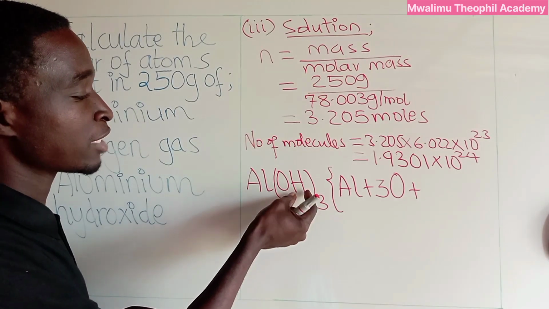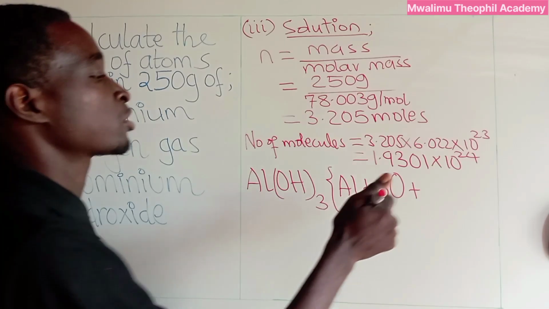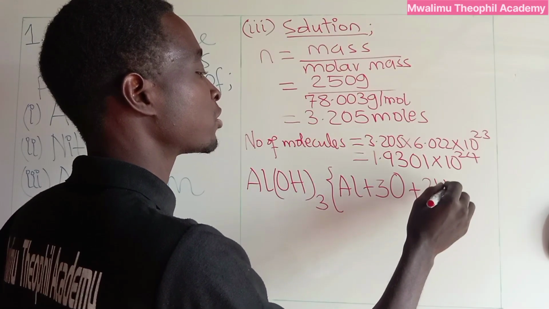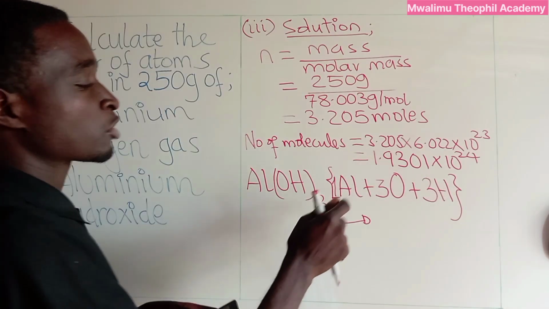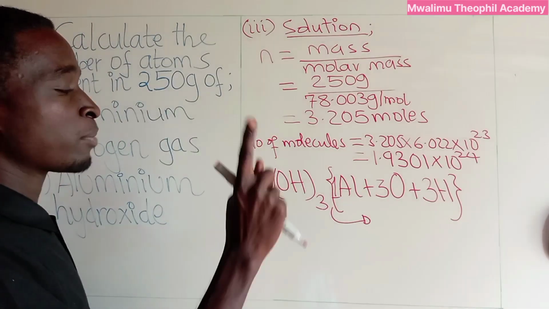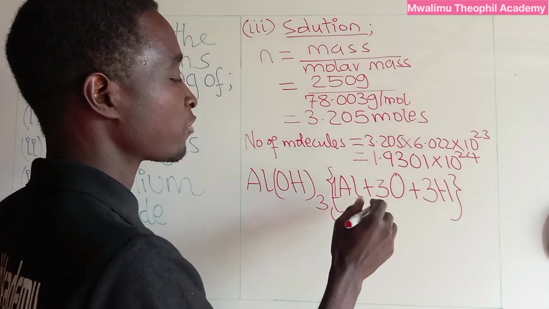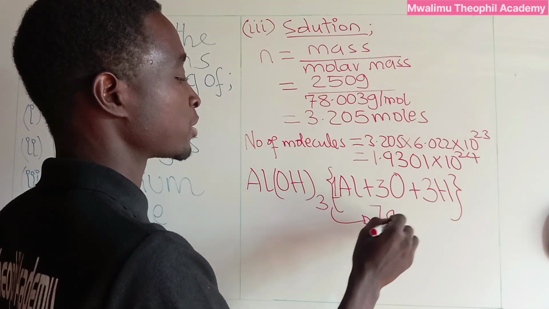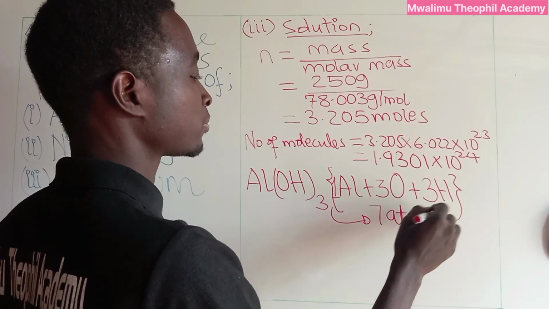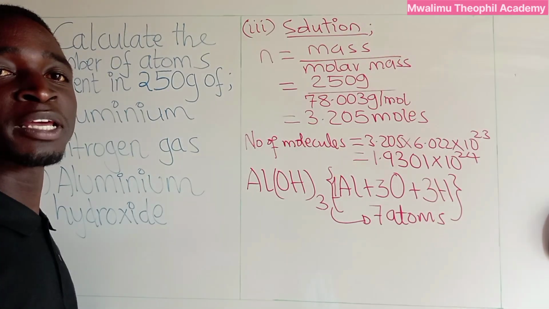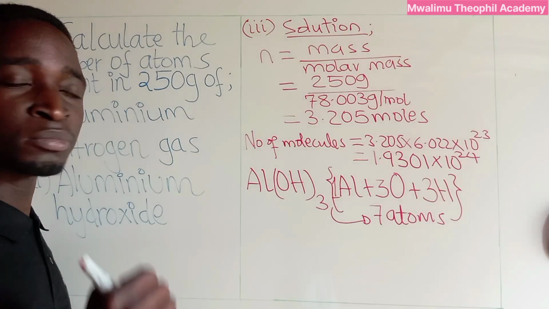As you see, there is hydrogen and outside 3, so it is 3 atoms of hydrogen. Now, the total number of atoms present in one molecule of aluminium hydroxide is 1 plus 3 plus 3, which is 7. So we have a total of 7 atoms. This means that in each molecule of aluminium hydroxide, there are 7 atoms.